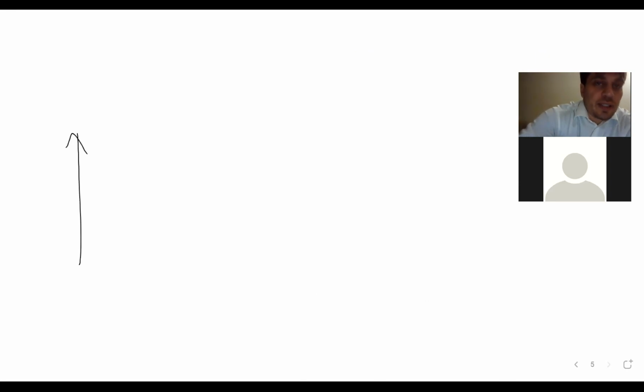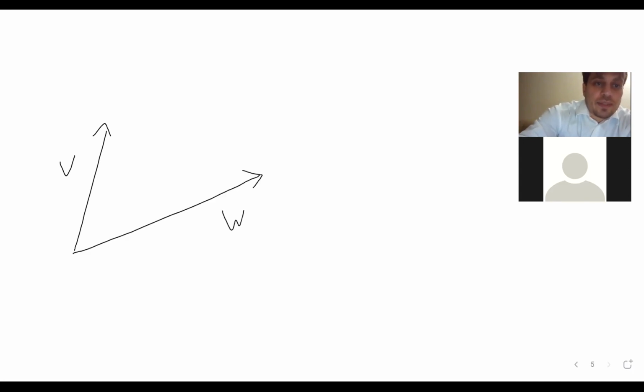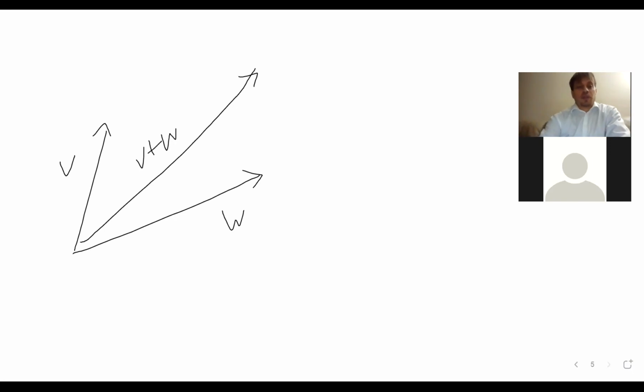That's vector V again, it's going to go slightly to the right. This is vector W again. This is the vector V plus W again. They all have the same initial point.